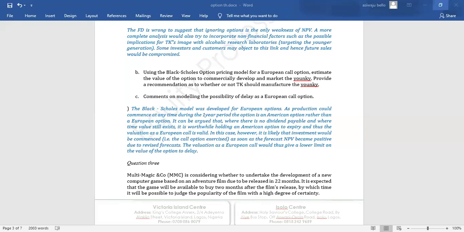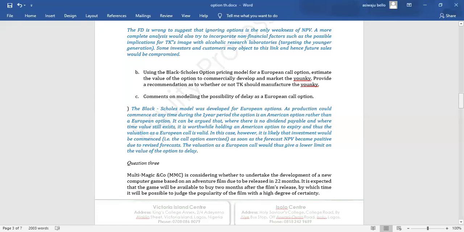We explained that there are different areas of application. One of them we mentioned last time was option to abandon. We explained option to abandon, that if a company enters into a capital project, the objective is to see the project to its logical conclusion.